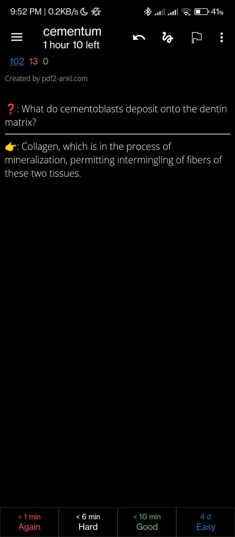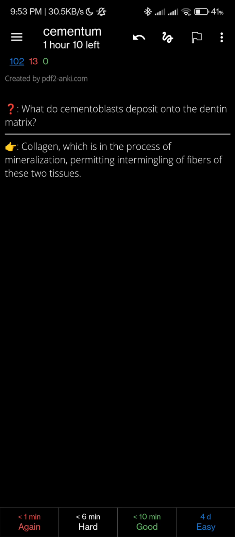Collagen, which permits intermingling of fibers of these tissues. So why do cementoblasts deposit collagen on the dentin matrix?